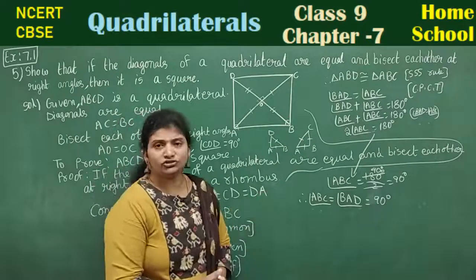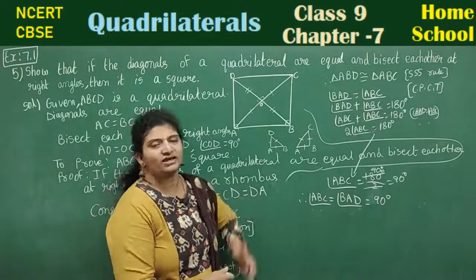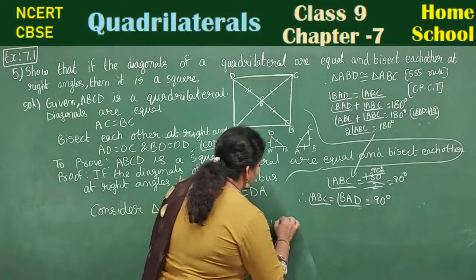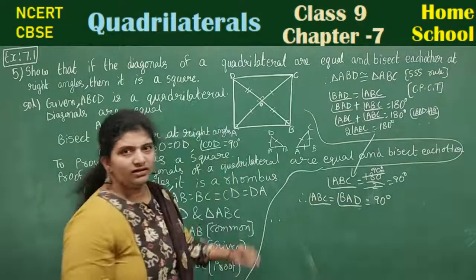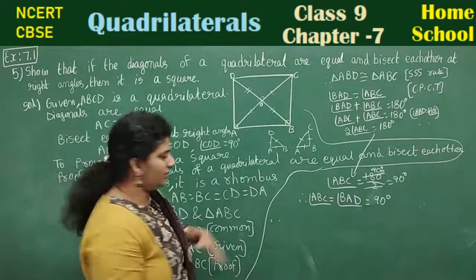Similarly, if we take the other two triangles, I can say the other two angles are 90. So you can end up with the same statement here, children. That is, we have proved this, right?